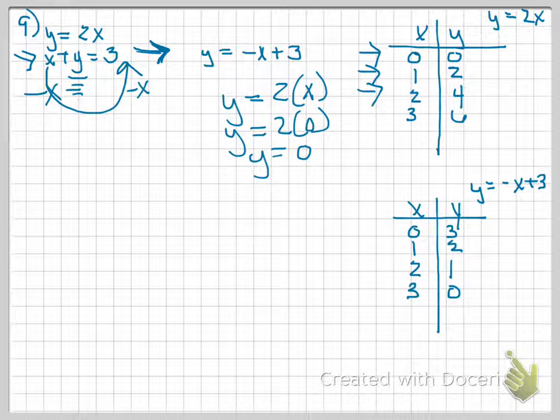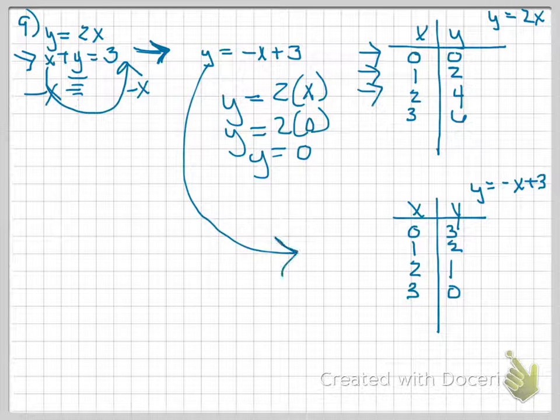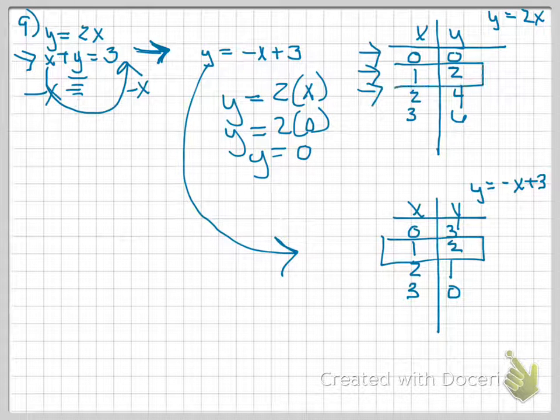I do a couple of them. Then I do the same thing for our second equation, and I notice that both equations have the same coordinates of 1 and 2. So I assume that where they cross on the graph, where they meet, will be at an x of 1 and a y of 2.